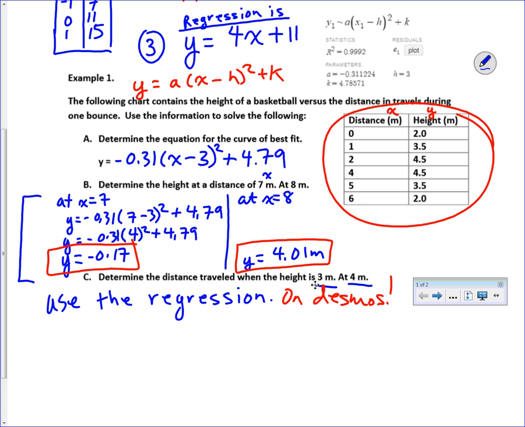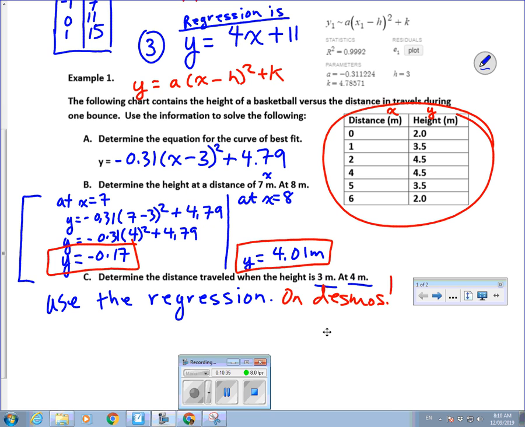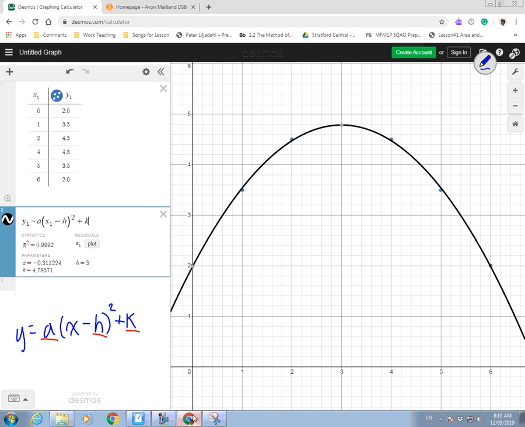So now, let's do that. We need to find out what our x is when the height is 3. So we'll go to our Desmos and take a look at where the height is 3, and if we click on here, it tells us that our x value is 0.61.